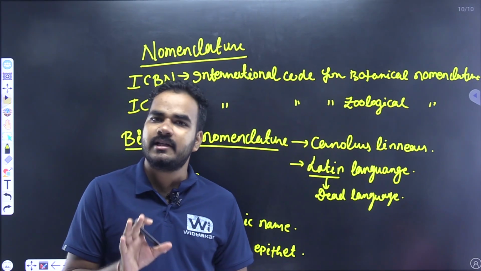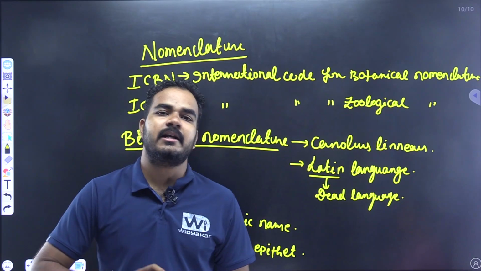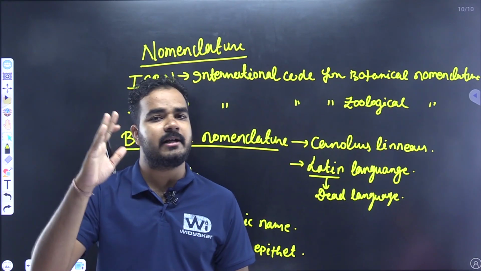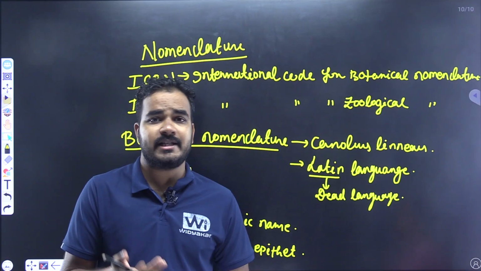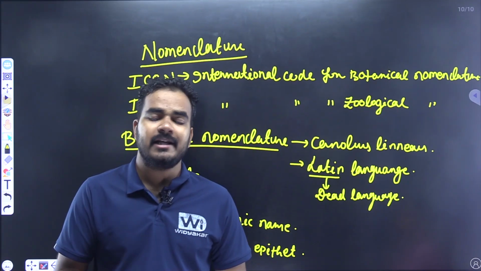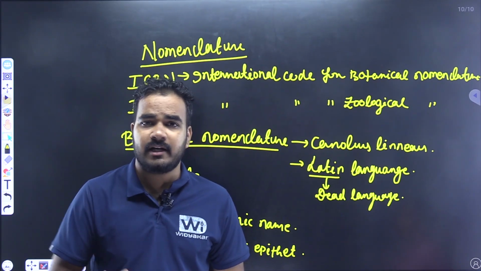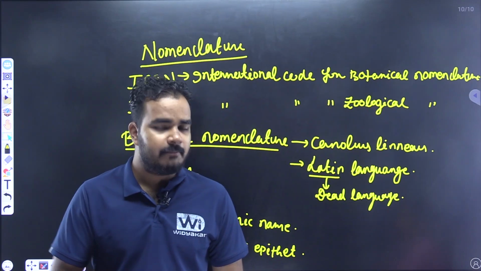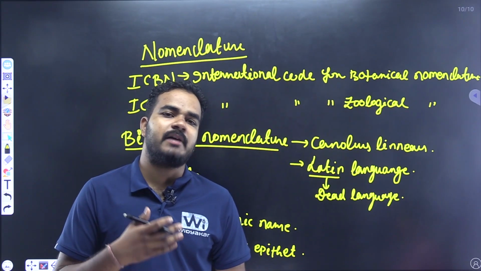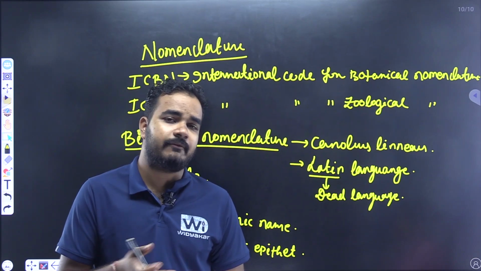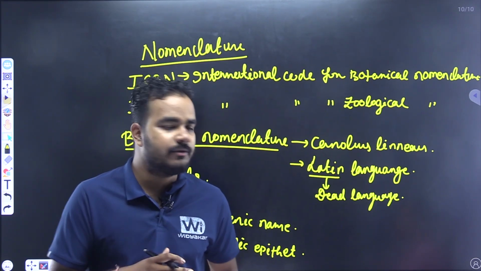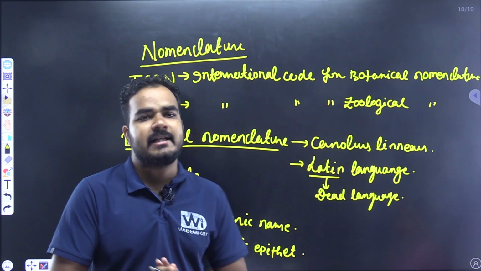So it is permanent, for all time. But when you use a language which is in use nowadays, then after one year, two years, three years, the meaning, spelling or pronunciation can change. To avoid that situation, we use Latin, a dead language.